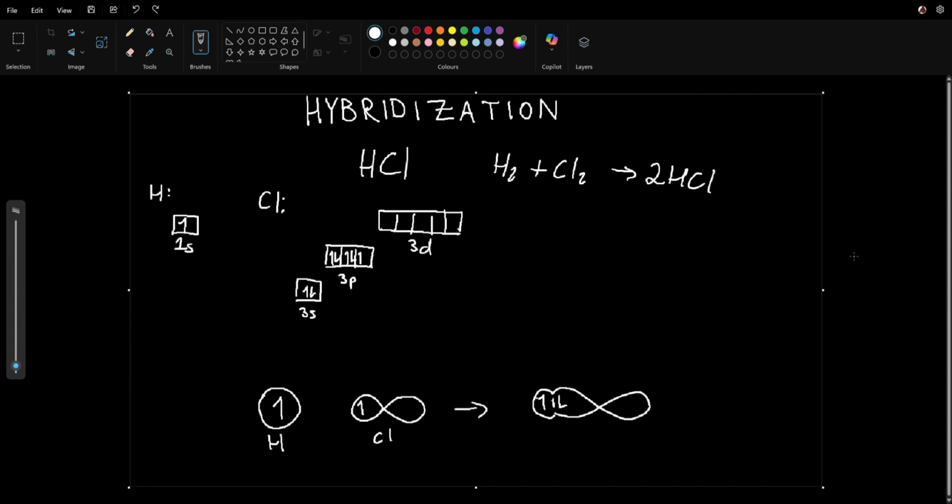So now we have an upward spin and a downward spin at this side of the bond. So it's the overlap of the 1s and the 3p. So they're kind of overlapping. I'll just draw little arrows here. And then after that, we are left with hydrogen chloride, which looks like this.